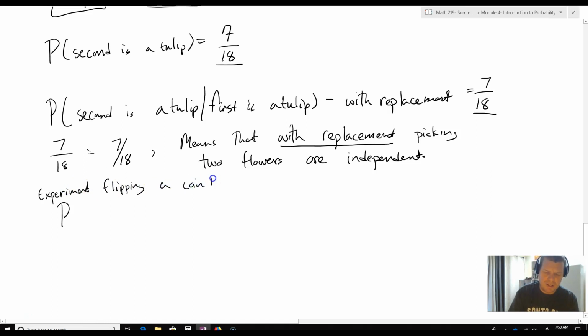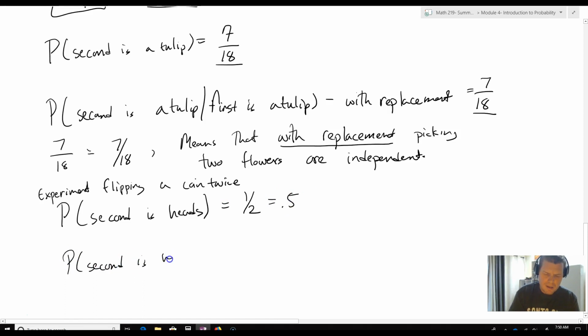The probability that the second is heads equals 1/2, or 0.5, and the probability that the second is heads, given that the first is heads, is also equal to 0.5.